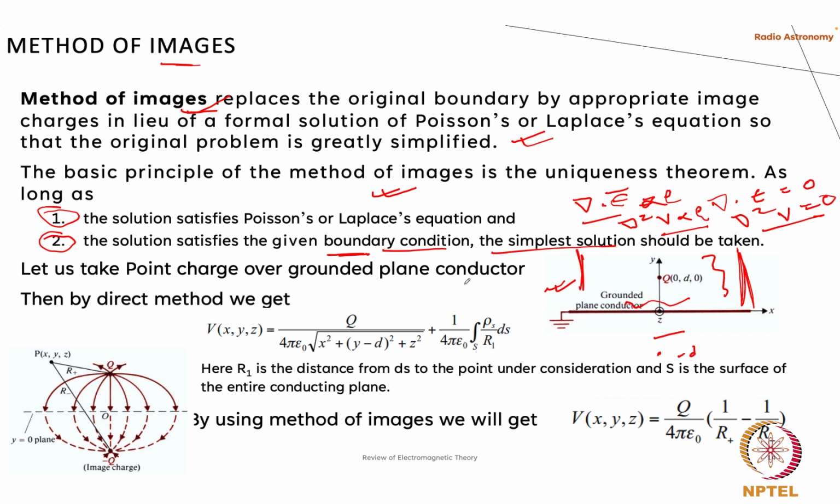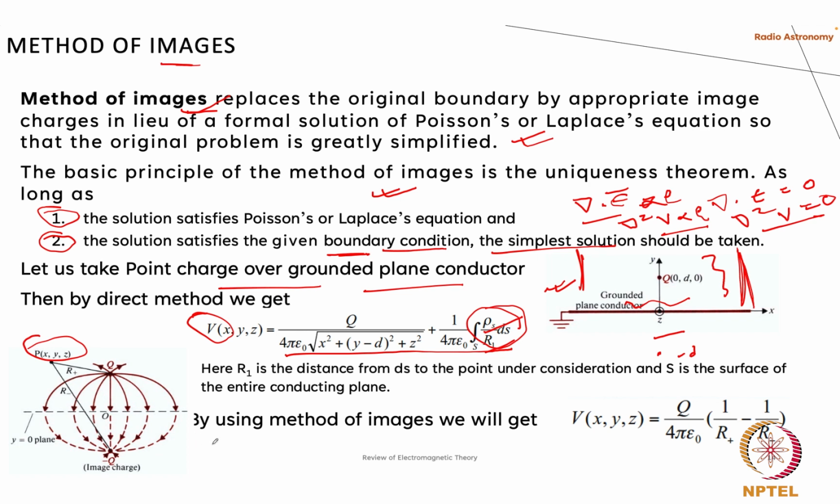Now let's see what happens if we go by the book. If you want to calculate the potential at xyz, at point P, you will get a cumbersome equation where you have to integrate the charge enclosed over R1, where R1 is the distance of the observer from the origin.